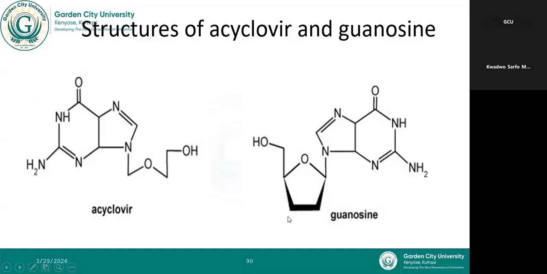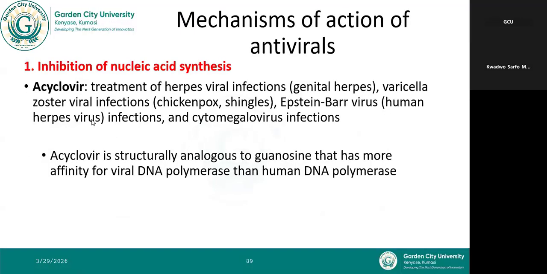This is where the nucleotides are added, at the 3' end. So this is the 1', the 2', this is the 3'. But because there is no ring here, there's nothing to add here. So it will halt or inhibit the synthesis of DNA or RNA. And once this is achieved, the virus cannot replicate. So this is how acyclovir works to treat chickenpox, shingles, and other viral infections.